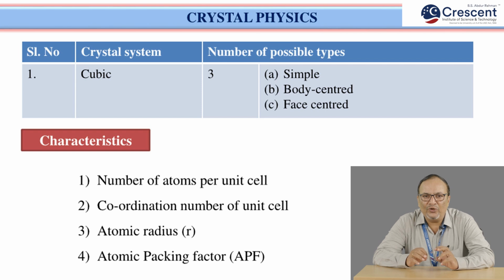We know that cubic has 3 Bravais lattices, namely simple cubic, body centered cubic and face centered cubic. So we can see all the characteristics: how many atoms per unit cell, how many equidistant atoms, the atomic radius, and we can discuss the packing fraction.